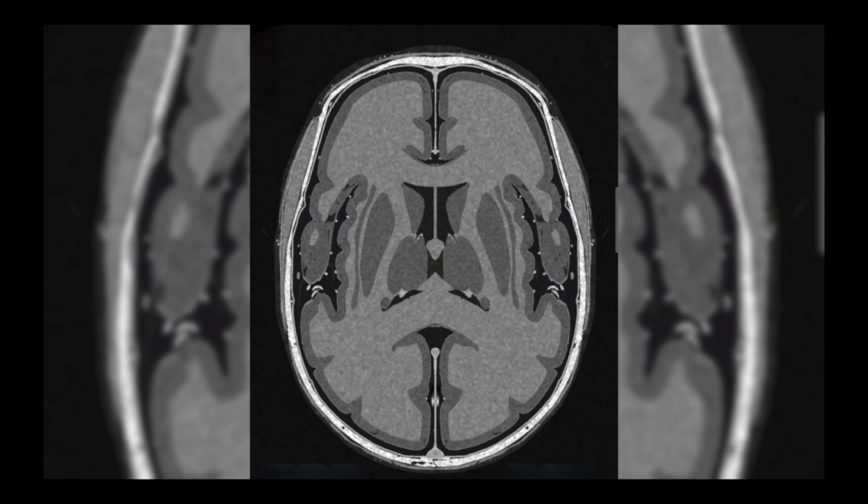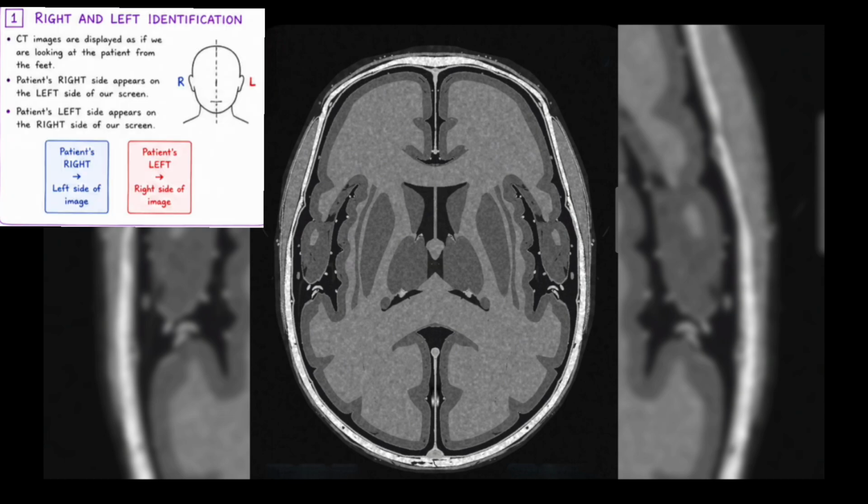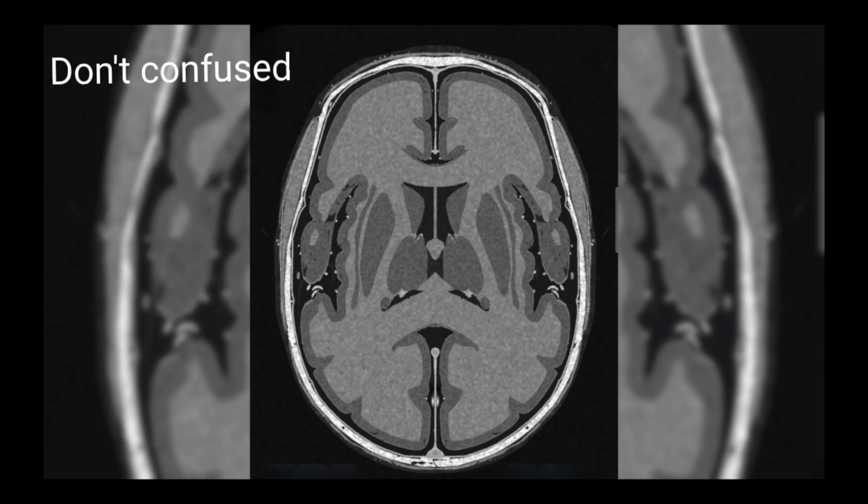So don't simply look at the screen and call the left side left. Always check the orientation markers and remember the patient's right is the left side of the image and the patient's left is the right side of the image. This becomes extremely important when identifying unilateral hemorrhage, infarcts, mass and other abnormalities. So this is very important to see.